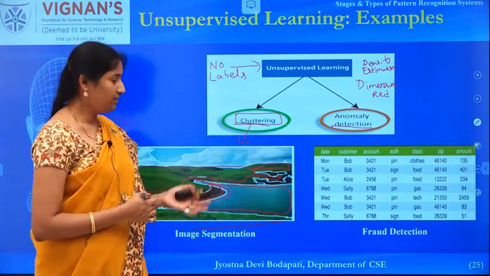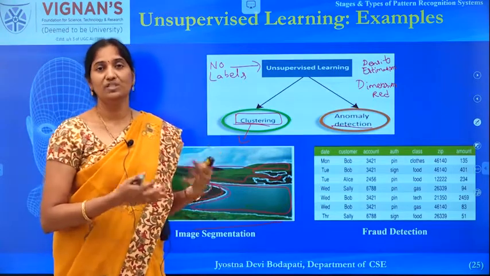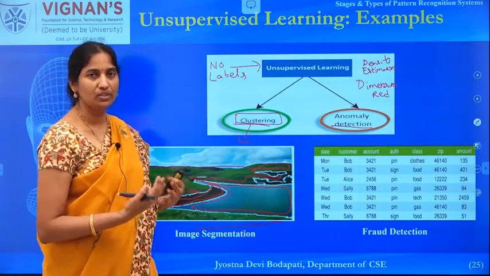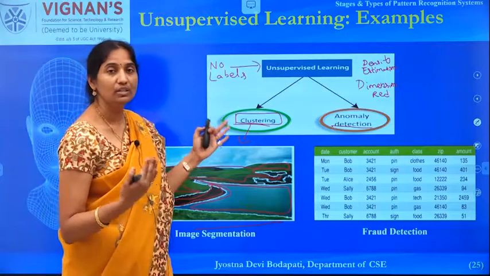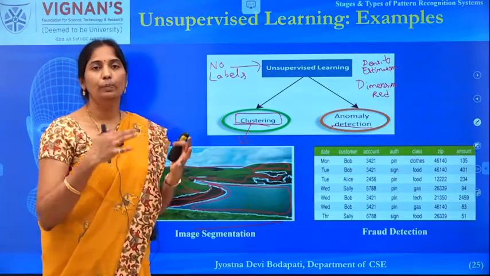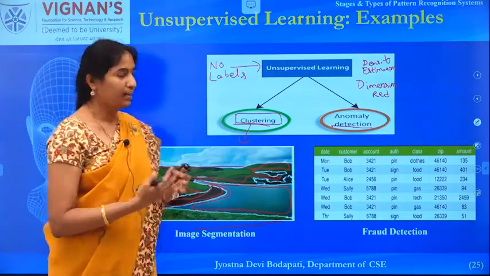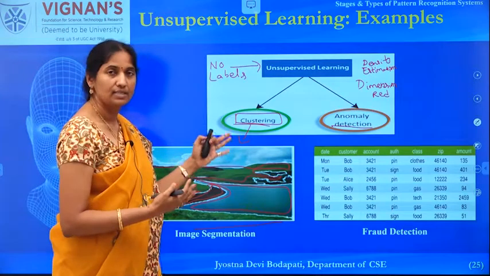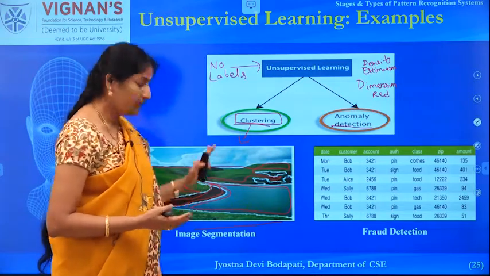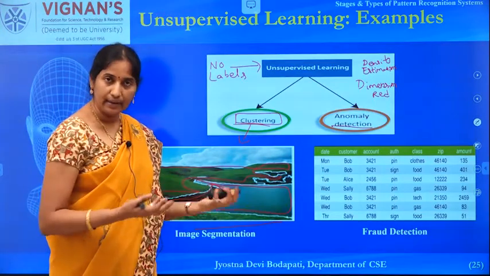Given a satellite image, you can easily identify which is the forest area and which is the living area. Those are the applications of the clustering task. So what is clustering? Clustering is grouping of similar data items into one unit. An example is image segmentation or dog and cat categorization.